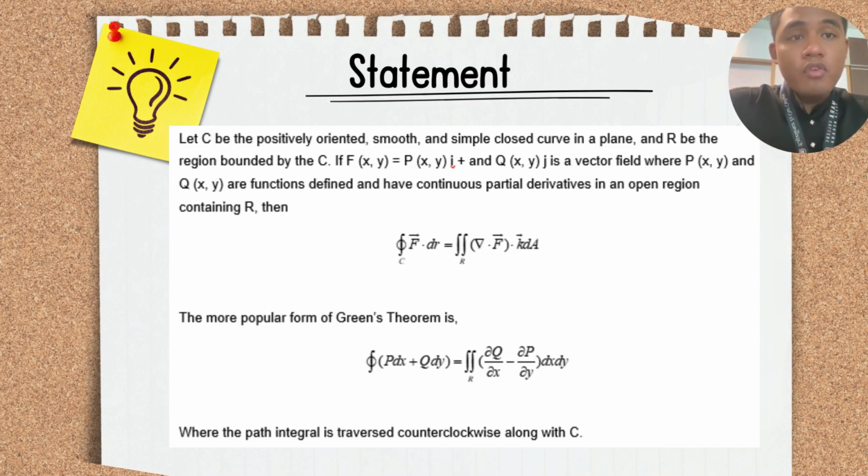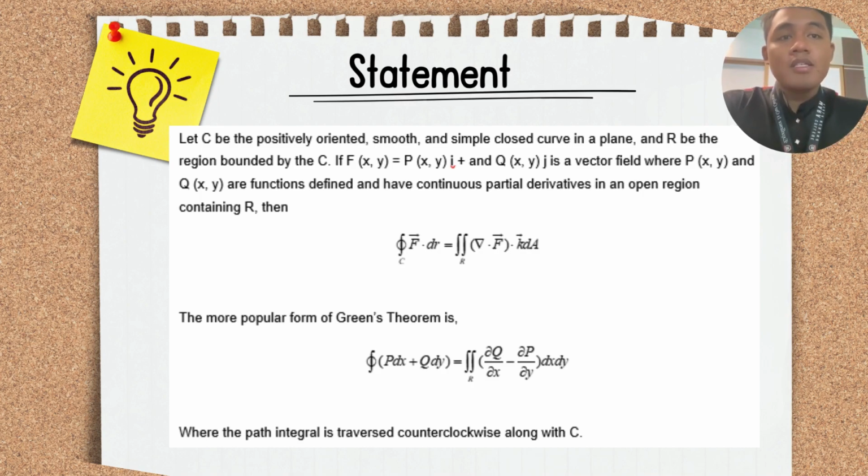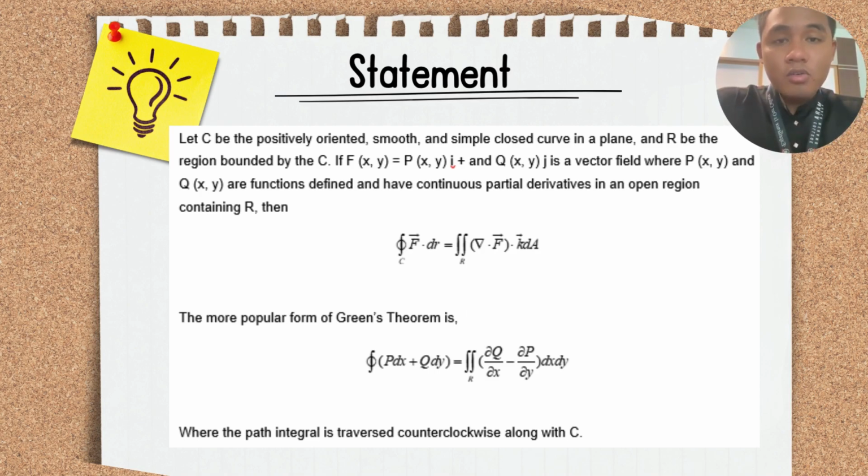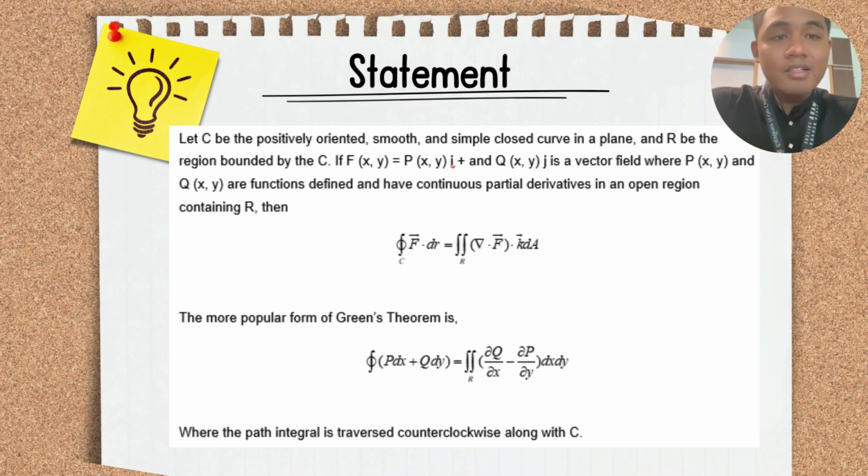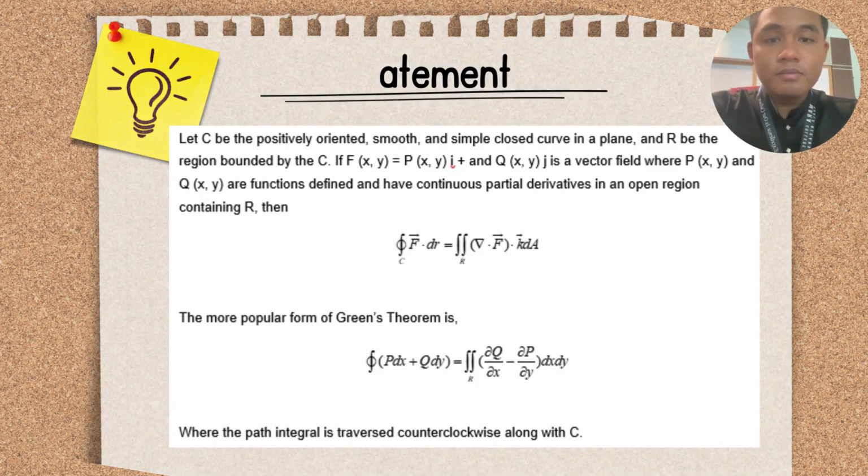The more popular form of Green's theorem, as you can see on the slide, is the integral of P dx plus Q dy equals the double integral over R of (delta Q over delta x minus delta P over delta y) dx dy, where the path integral is traversed counterclockwise along C.